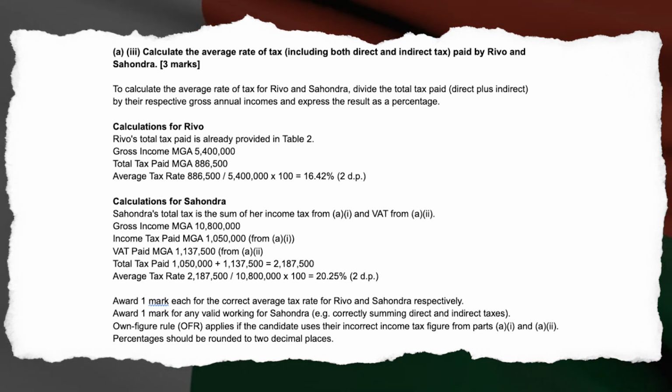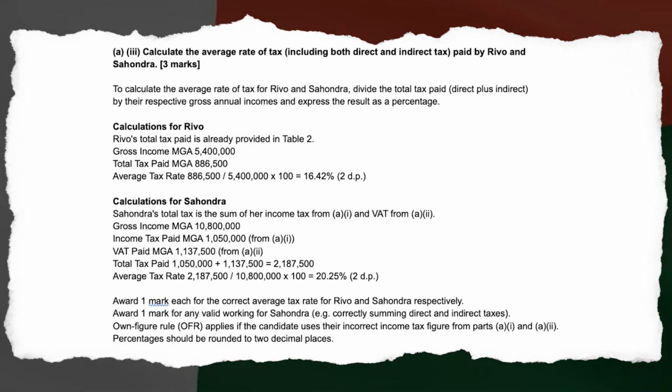Revo's total tax paid is already provided in Table 2. Gross income, MGA, 5,400,000. Total tax paid, MGA, 886,500. Average tax rate, 886,500 divided by 5,400,000 times 100 equals 16.42%.